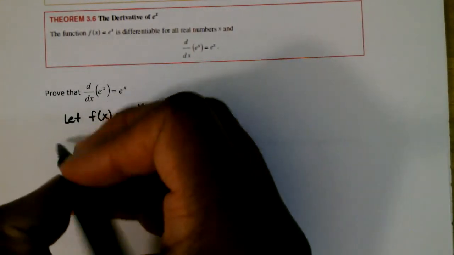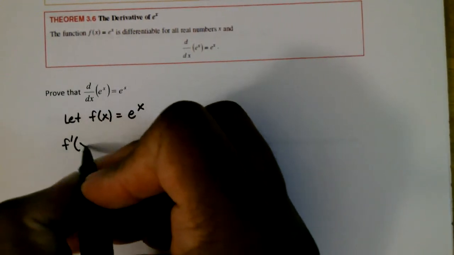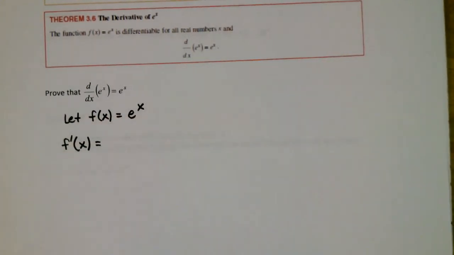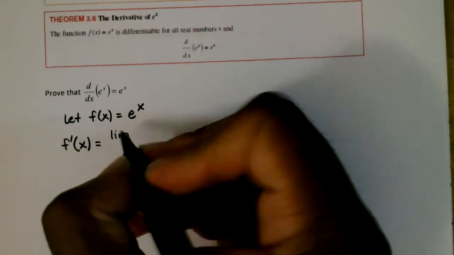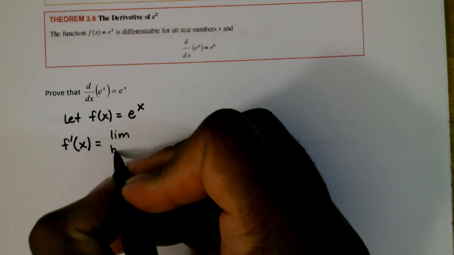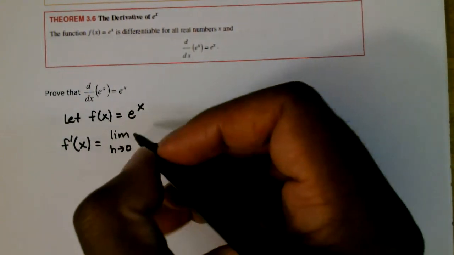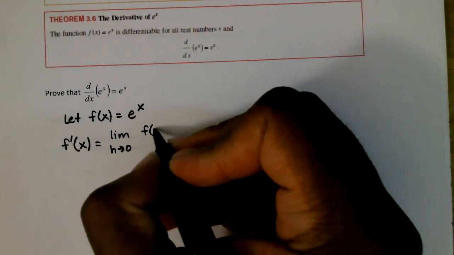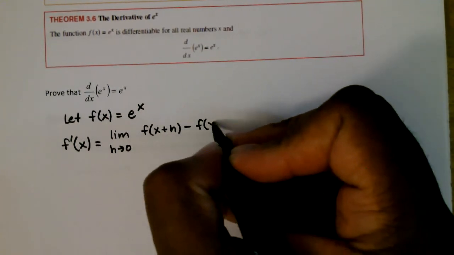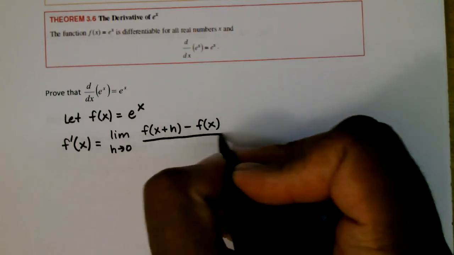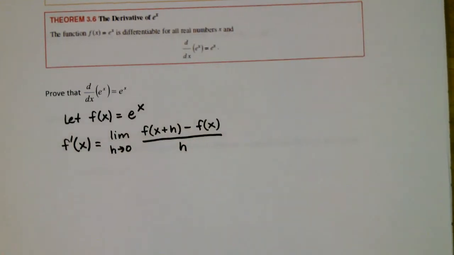Okay, now when I take f prime of x, here I'm going to be using the definition of a derivative. If you recall, the definition from the last video was this: the limit as h approaches 0 of f of x plus h minus f of x, all divided by h.